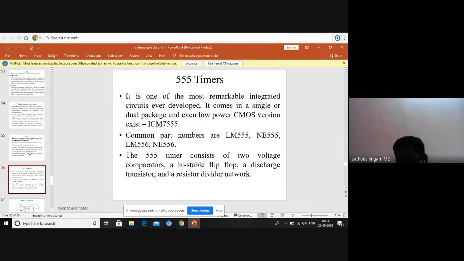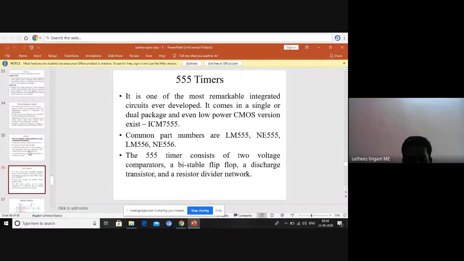The 555 timer is one of the ICs, an integrated circuit. It comes in single or dual packages. You don't ask what a single package or dual package is, because that comes under our VLSI design. There is even a low power CMOS version, whose name is ICM7555.